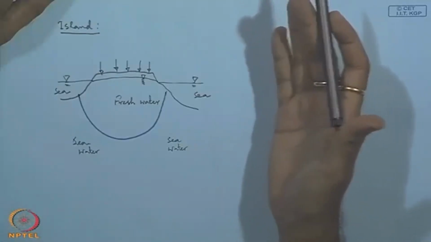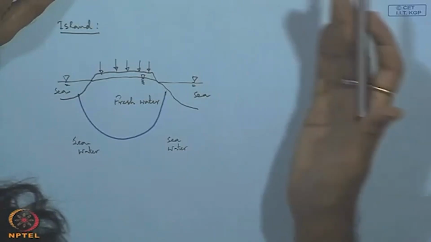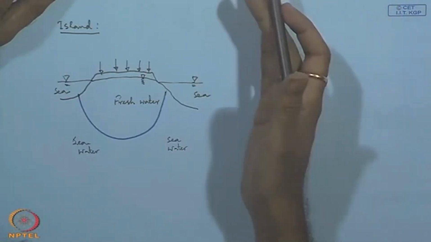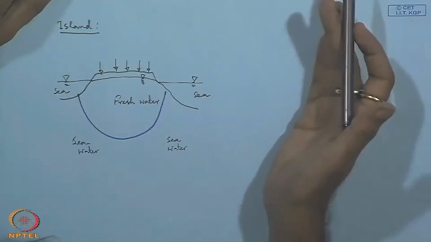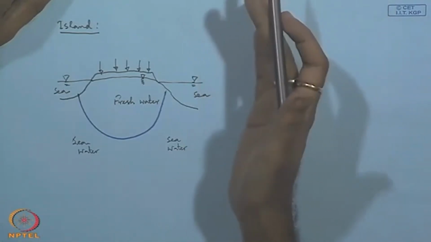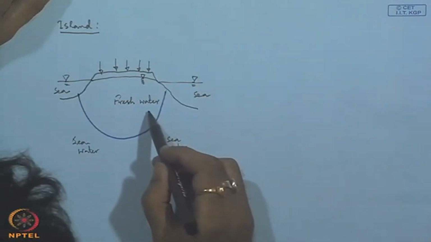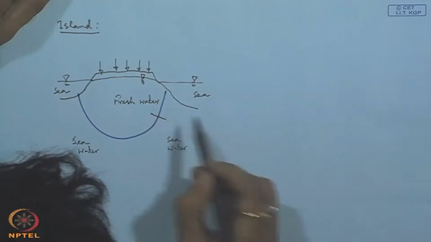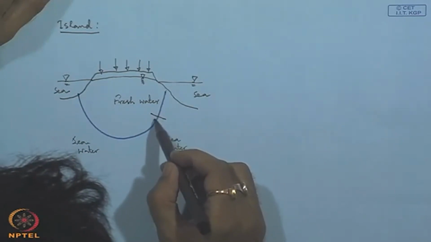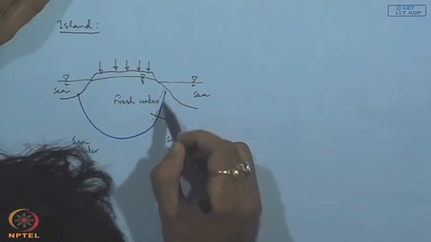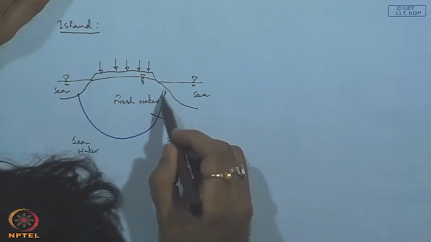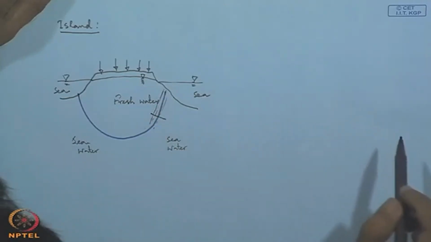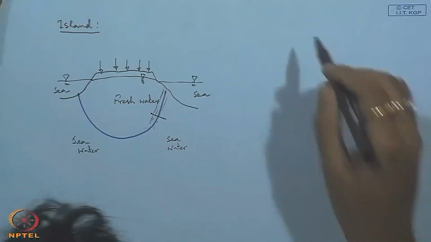What exists in reality is some kind of diffuse interface. In fresh water we have less density, and in case of sea water we have high density. So, there exists some kind of density gradient between this fresh water to sea water region, and in between we will have some kind of diffuse region or diffused interface position.